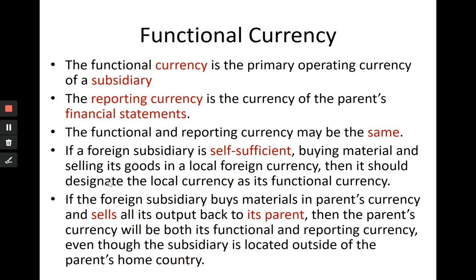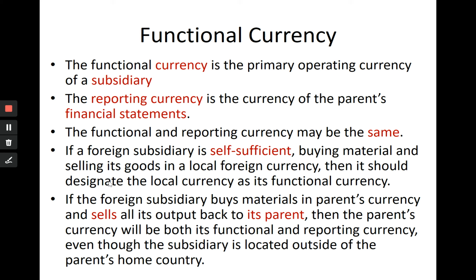Another terminology that goes together with our current method in the US is this term functional currency. And of course, this functional currency is now a word that we have in accounting and finance, and is used in other countries too.